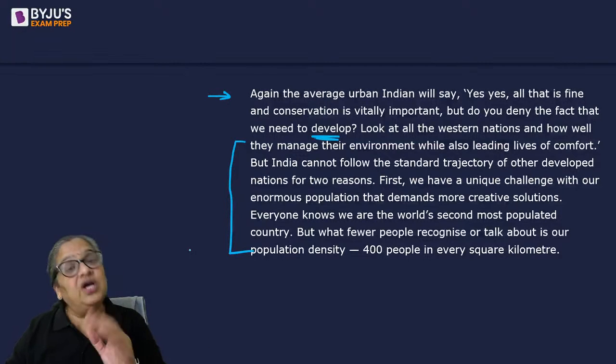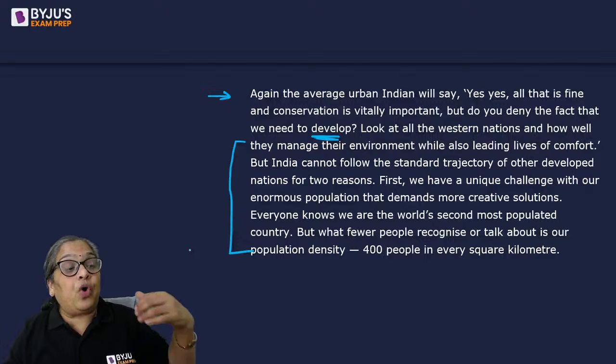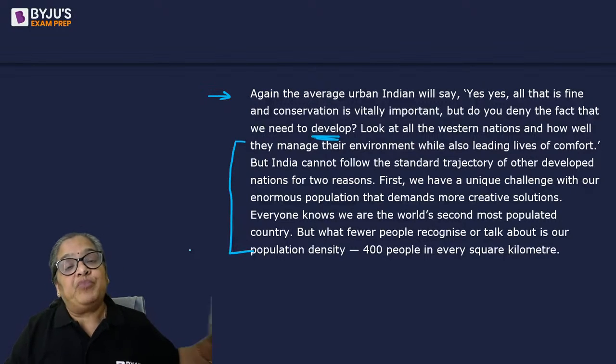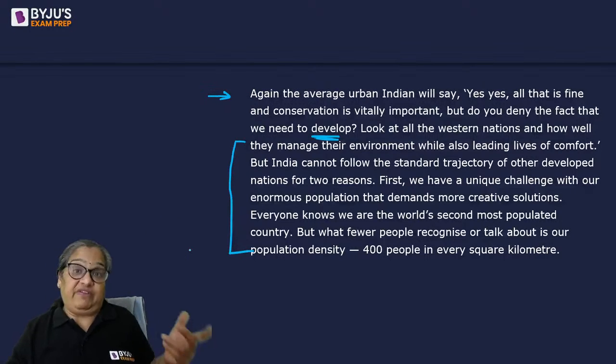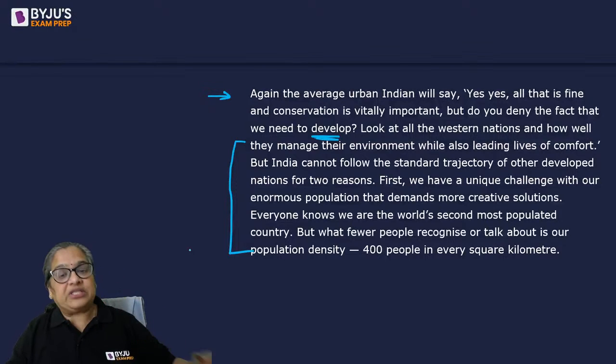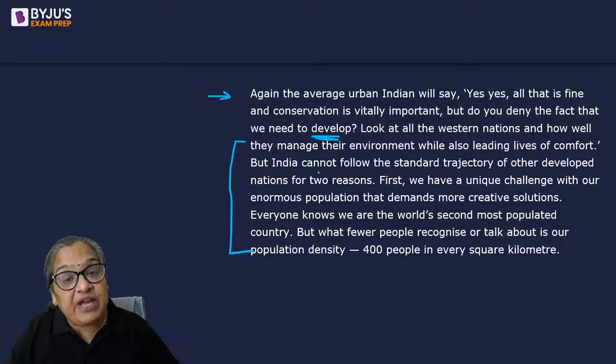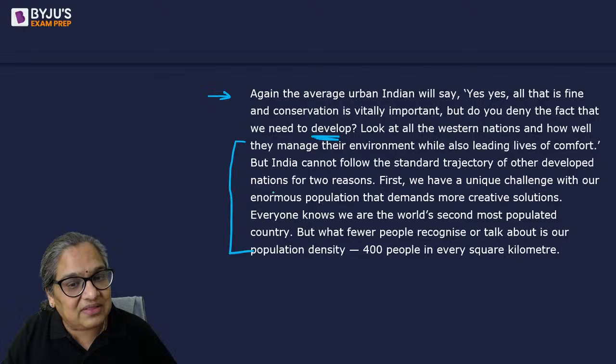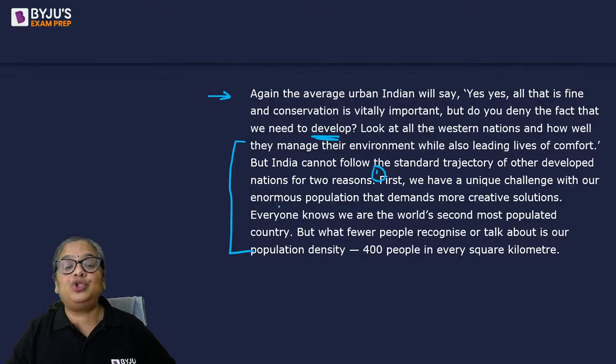We will, of course, go for clean energy, but we also need to use the abundant coal and oil that we have. Right? That's the argument that developing countries give. What the author is saying is that we cannot follow the standard trajectory of other developed nations, because we have a huge population.